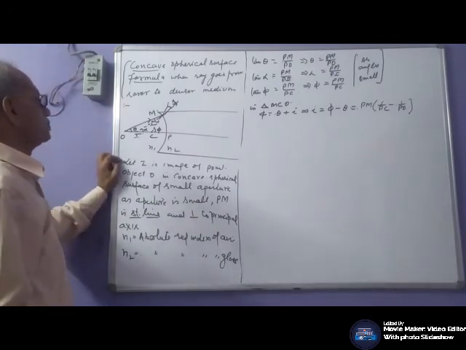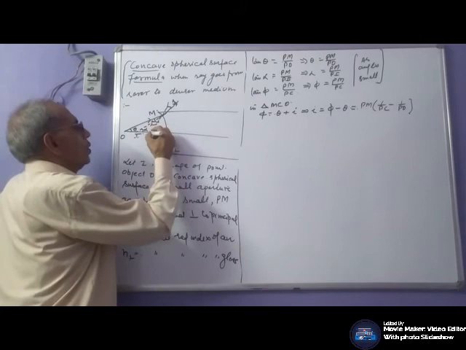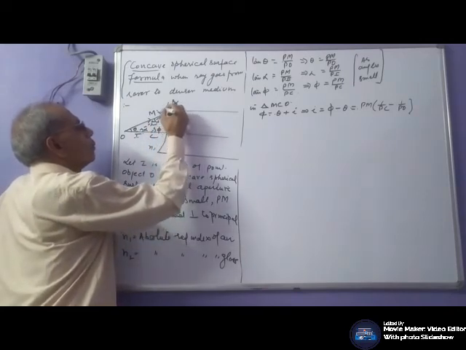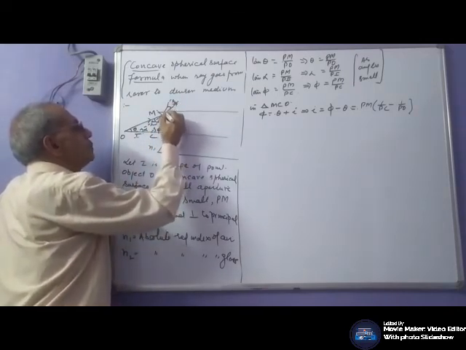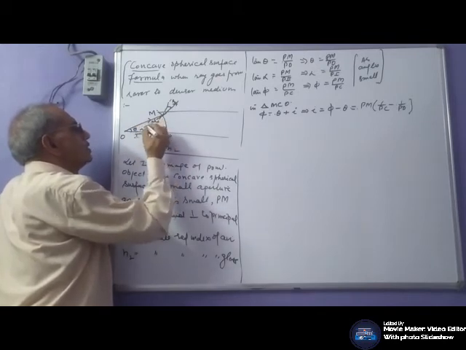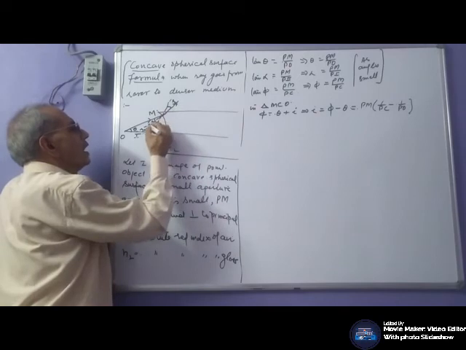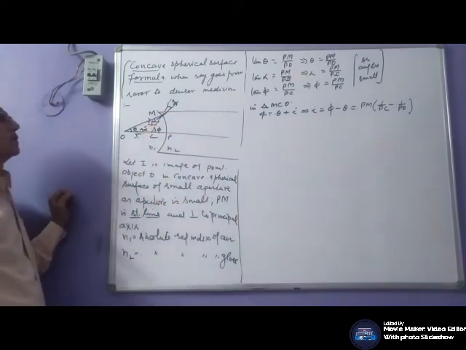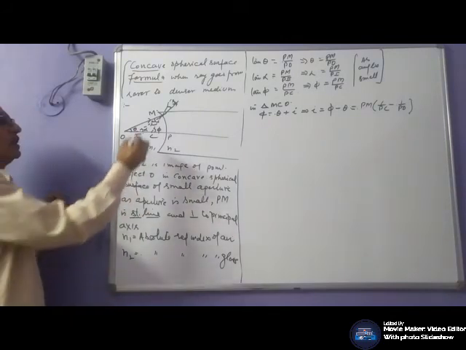R. This is normal. This is back. So this angle will be R. This is R. This will be R. This angle.